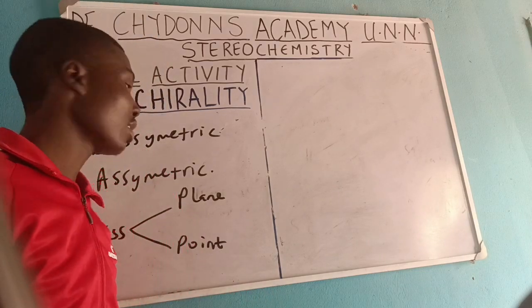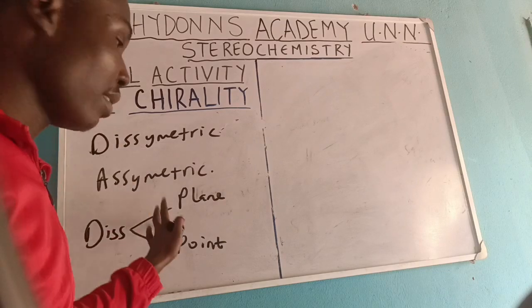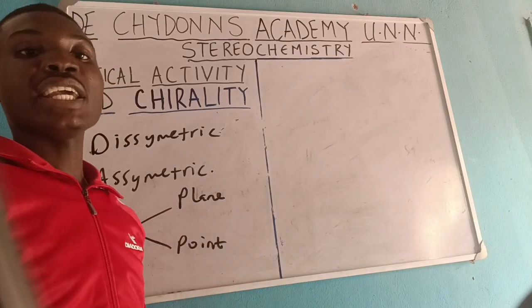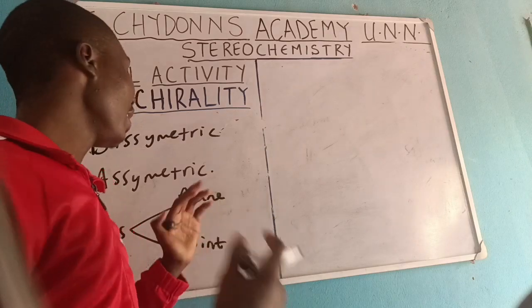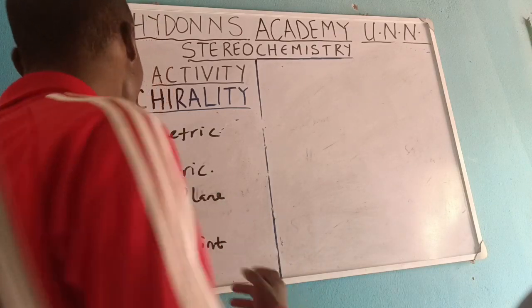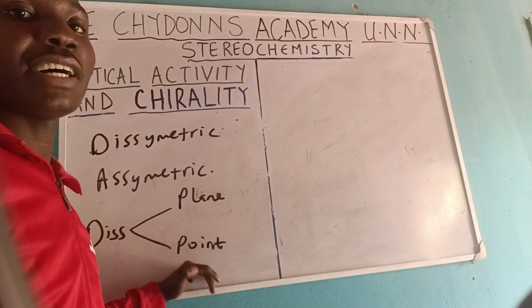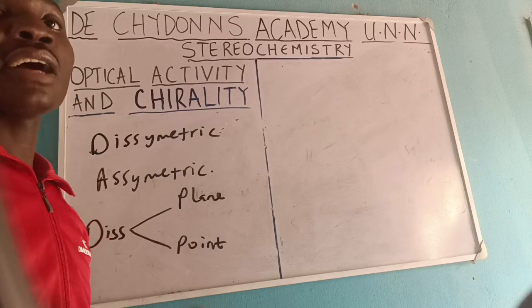A compound that is disymmetric has the capacity of being chiral. So the moment you lack a plane of symmetry and a point of inversion, automatically you become a chiral compound.